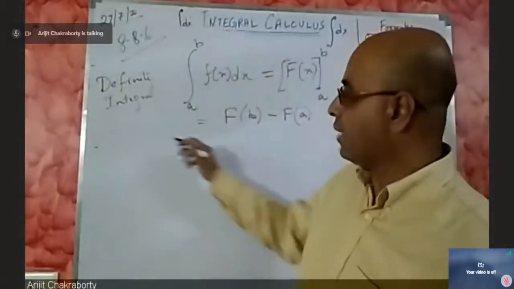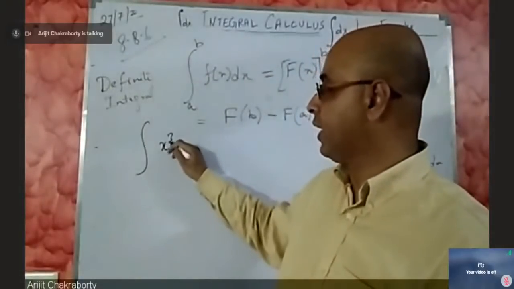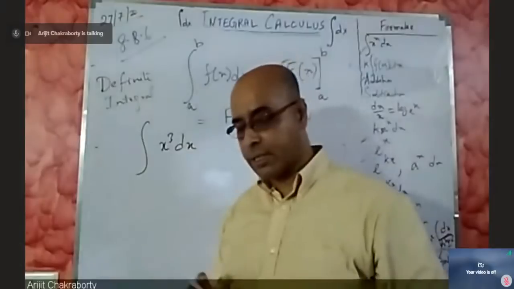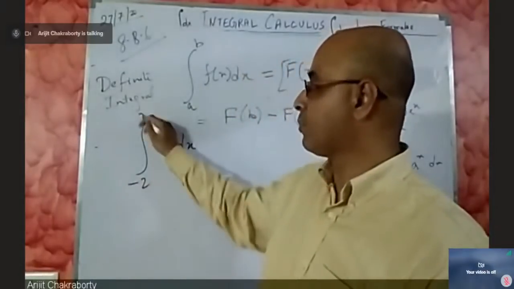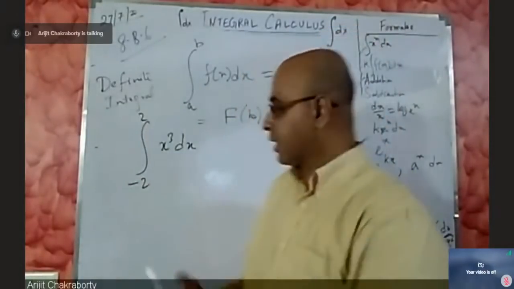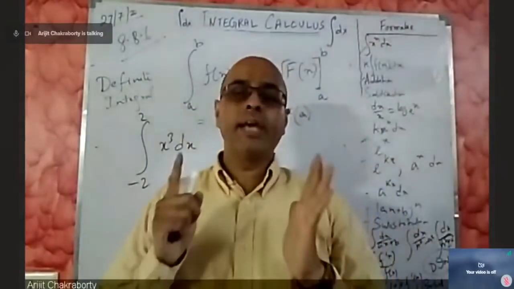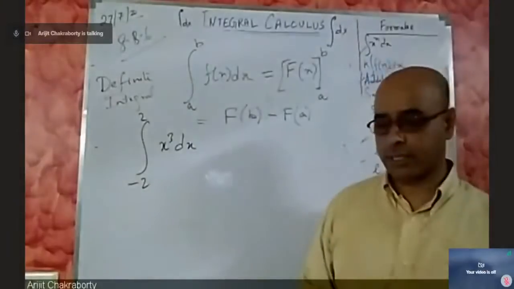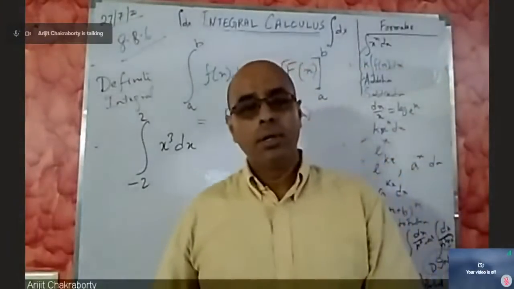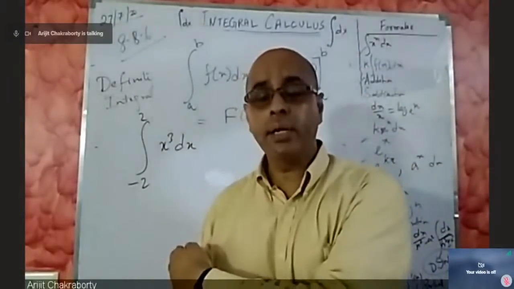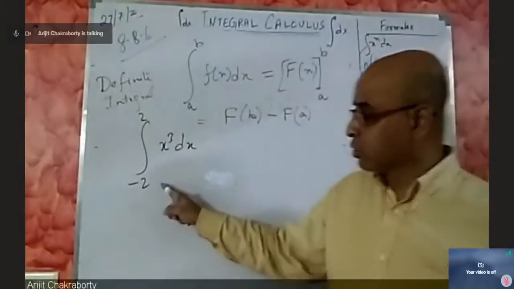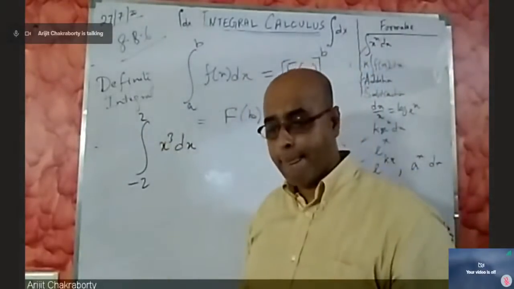Say we have the integral of x cube dx between the limits minus 2 and plus 2. So the lower limit is minus 2 and the upper limit is plus 2, and the expression is x cube dx. This is a definite integral, because you are given lower limit and upper limit.